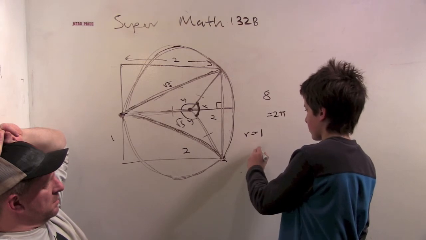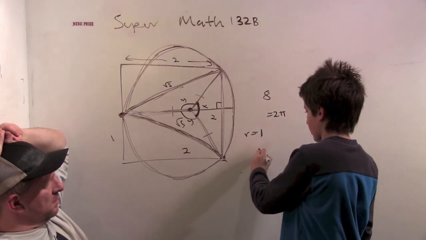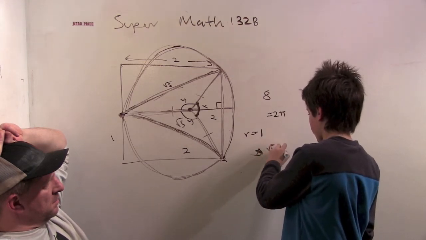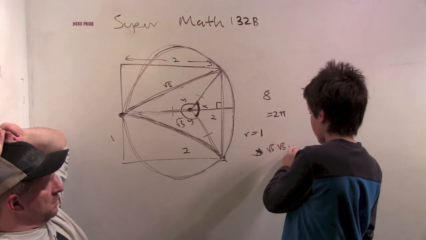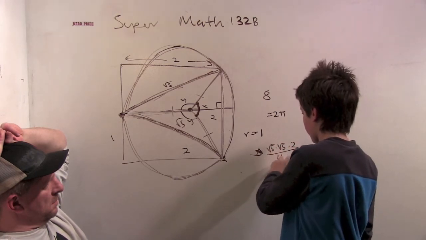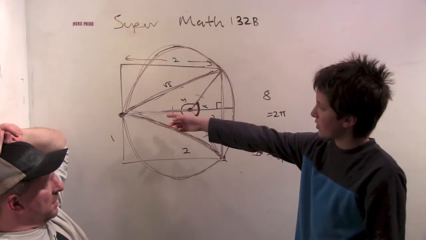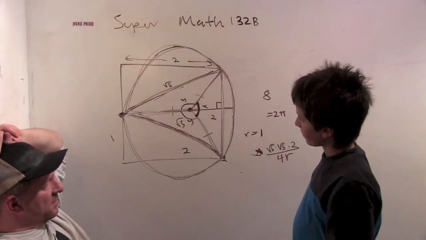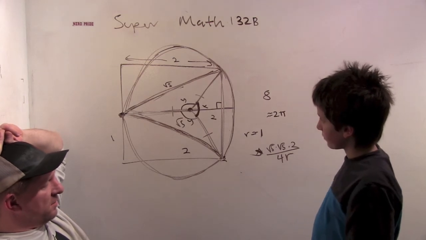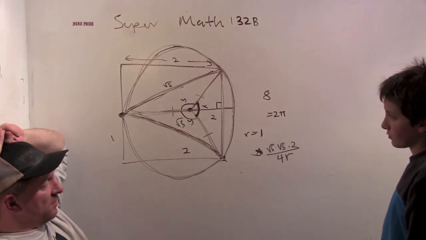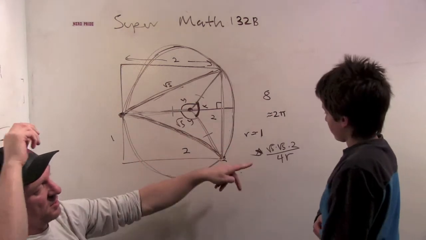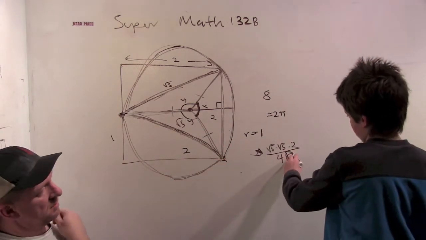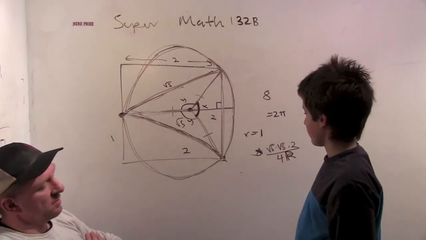The area of this triangle is the sides root 5 times root 5 times 2 over 4 times the radius. There's a formula that tells you the area of a triangle is A times B times C over 4 times the radius. Usually for the circumradius people write capital R. Just little r is the inradius.